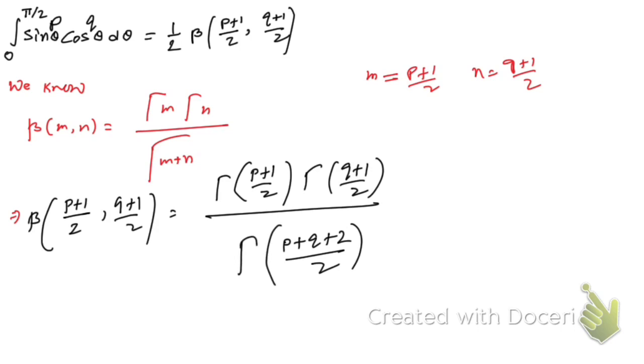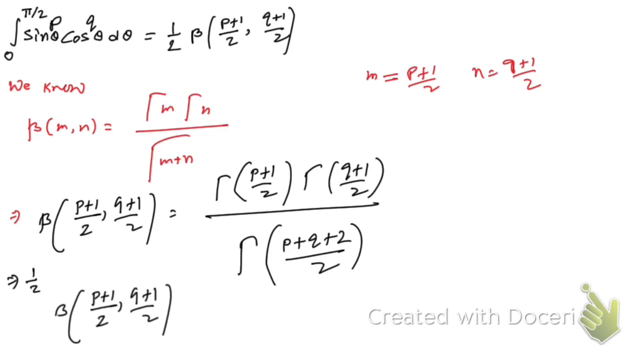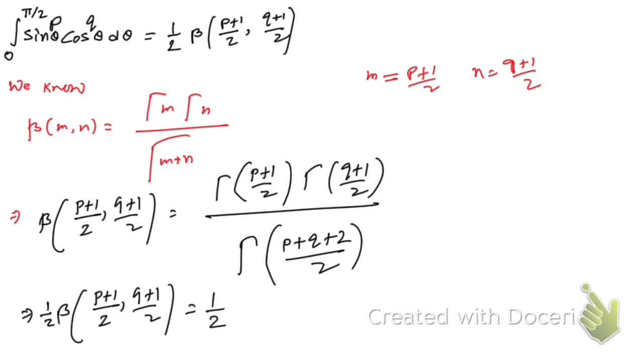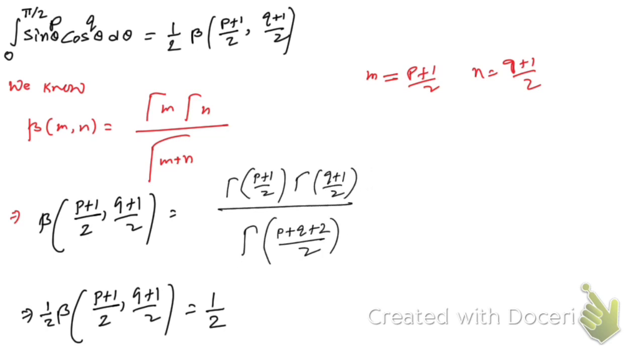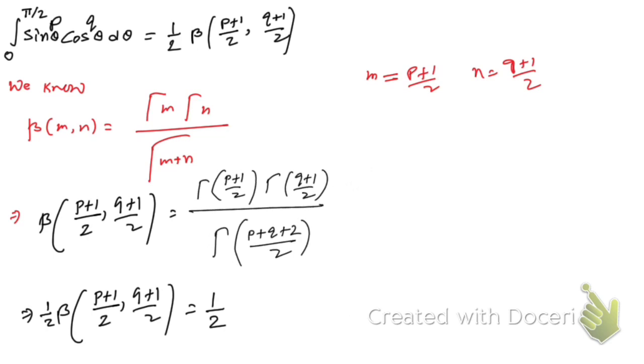Now let's multiply half on both sides. So half and beta of this. Let's multiply half on both sides of the above equation, then half into this.